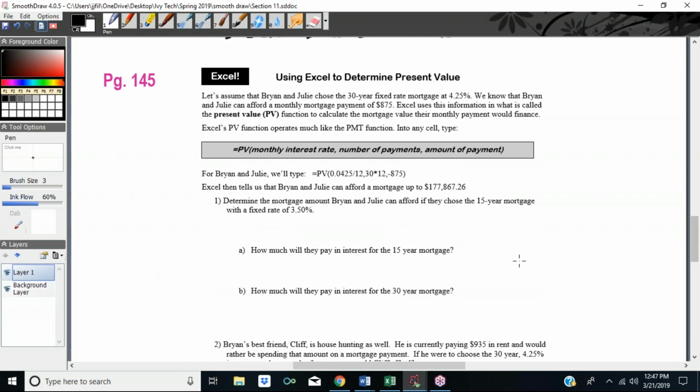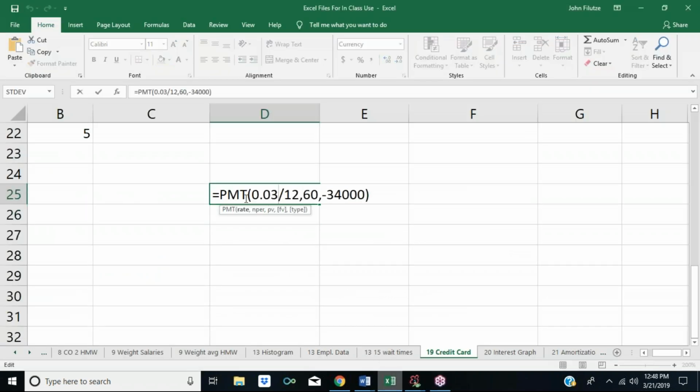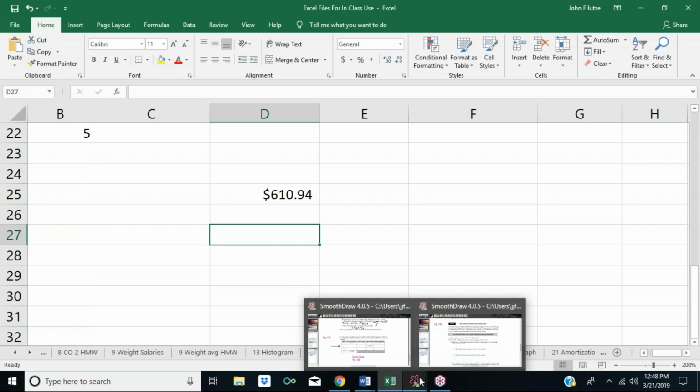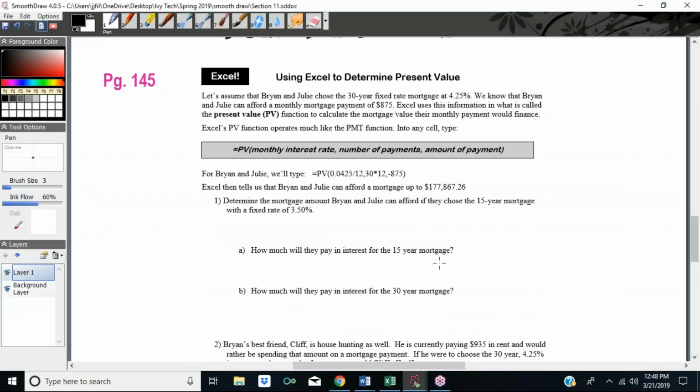So let's see. Now Excel has another function, and it's called the present value function. And so the function we looked at last, this PMT, allows us to find the payment if we know how much we're borrowing. The PV function, the present value function, says if you know how much you can pay each month, this will tell you how much you could borrow.